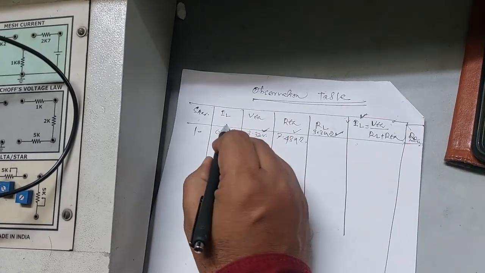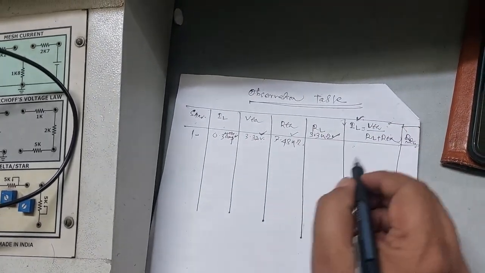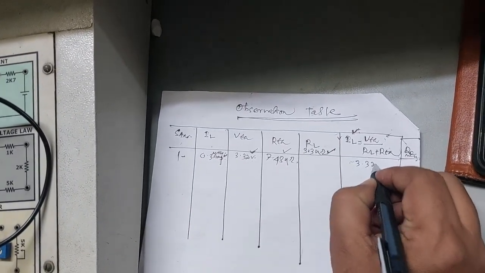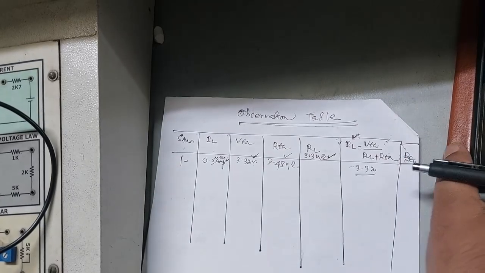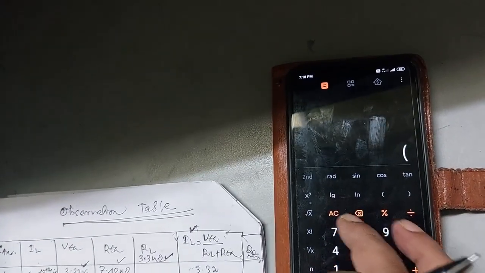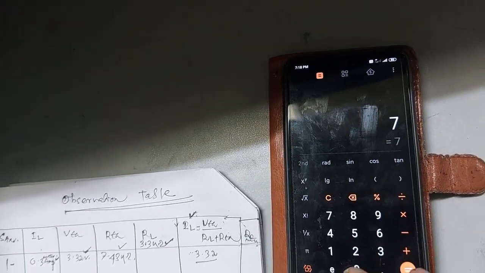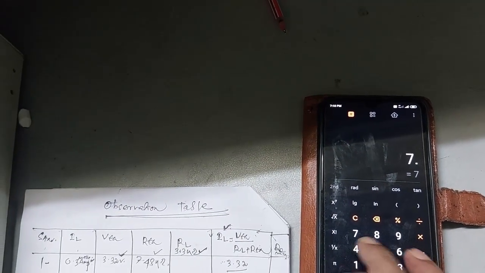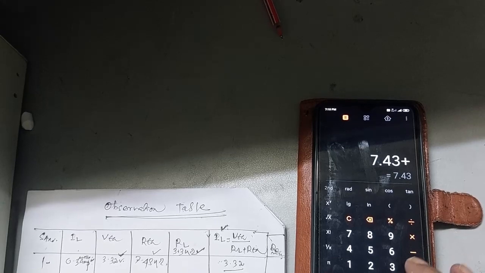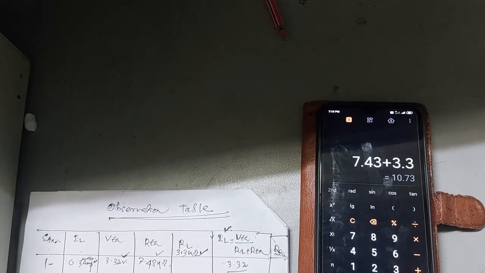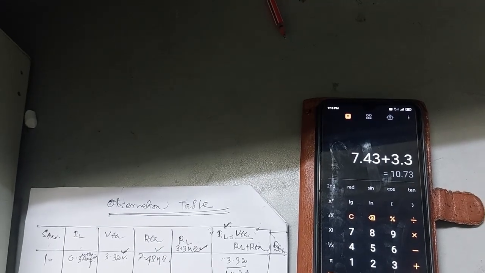We have to prove this equal to this. So now you will calculate: VTH, that is 3.32 volt, divided by RTH, that is 7.43, plus 3.3, that is your load resistance, which is equal to 10.73.